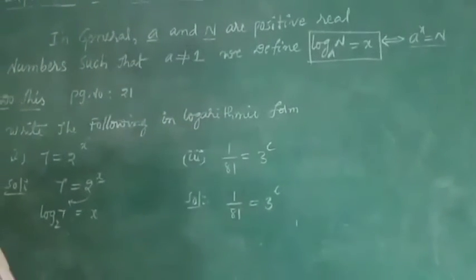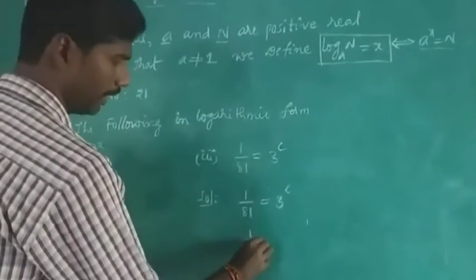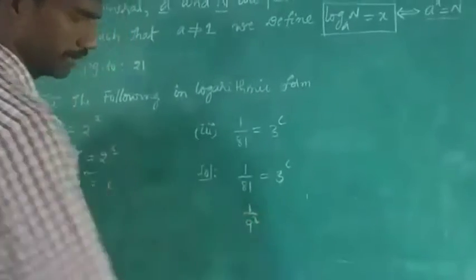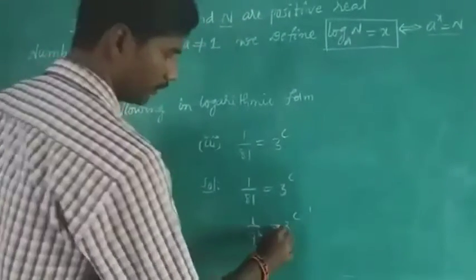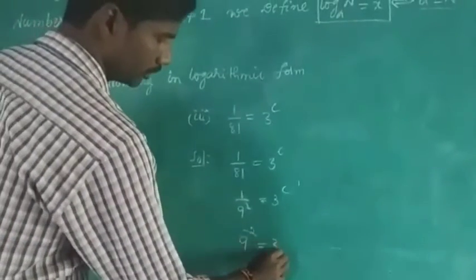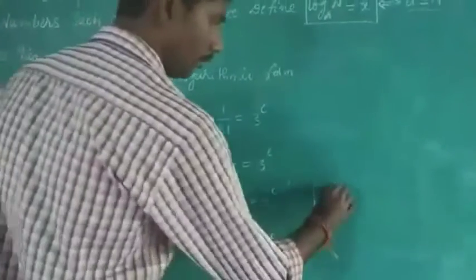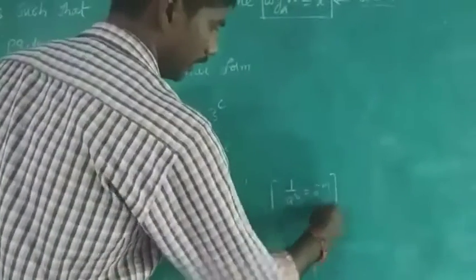You can write 1 by 9 squared also, since 9 times 9 is 81, is equal to 3 to the power of c. This you can write as 9 to the power of minus 2 is equal to 3 to the power of c. We know that 1 by a to the power of n is equal to a to the power of minus n. Depending on that.